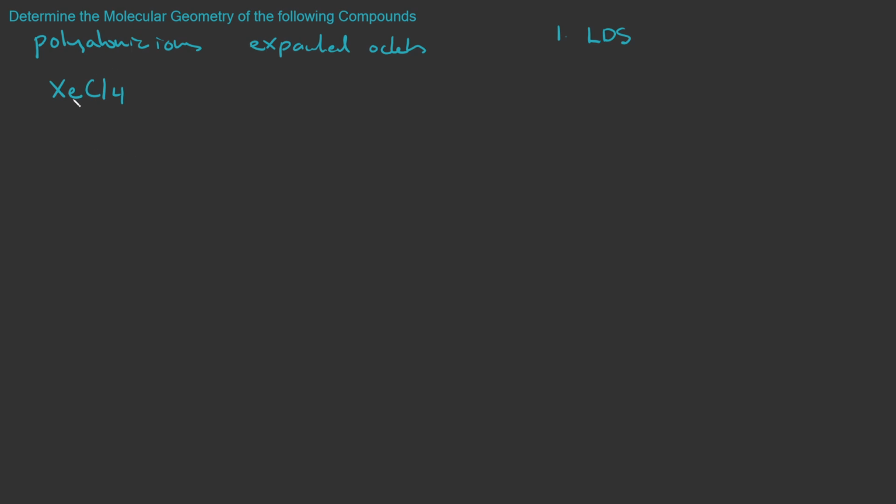And so whenever we do this, we have to predict the Lewis dot structure of XeCl4. And so this is where we have to always use formal charges again. And so in this case, our first step for formal charges is finding out how many total valence electrons we have.